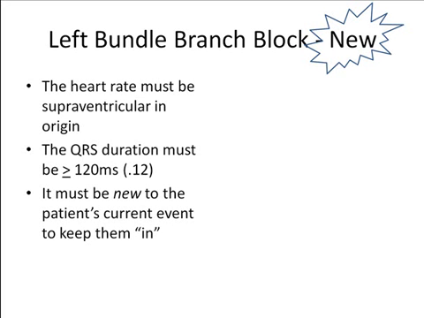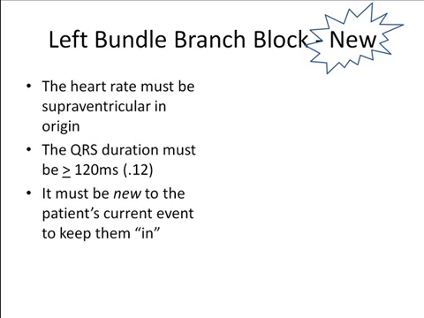First, the heart rhythm must be supraventricular in origin. In other words, not a ventricular-driven rhythm like V-tach. Next, the QRS duration must be greater than or equal to 120 milliseconds, or 0.12 seconds, which is 3 little boxes.